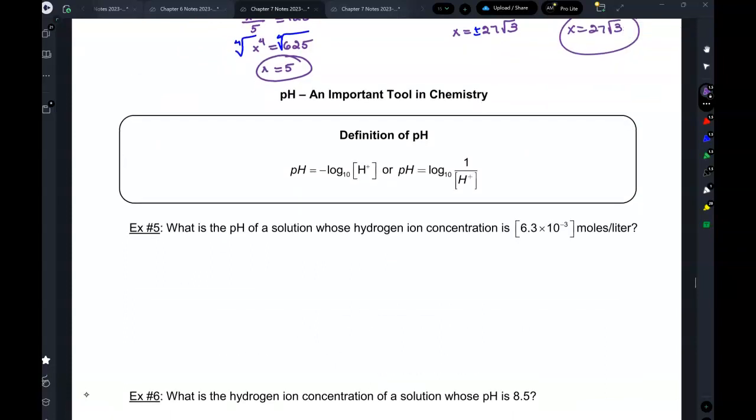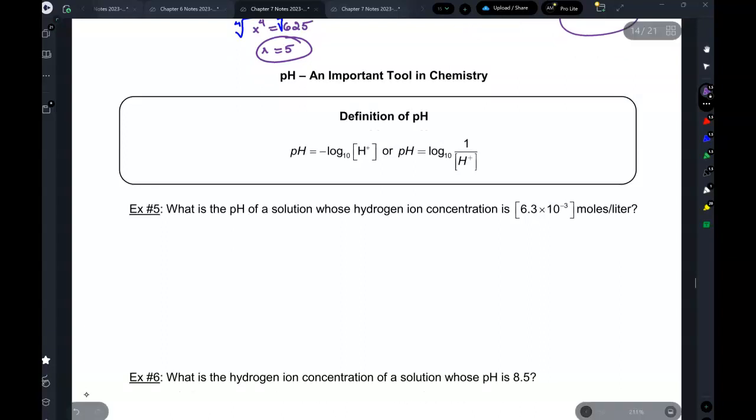Another very important place that logarithms are used, besides the Richter scale, is pH. pH is the measure of how acidic a substance is. For example, something like a lemon, which is acidic, might have a pH of 3, and so on. Okay, so how do you find the pH?